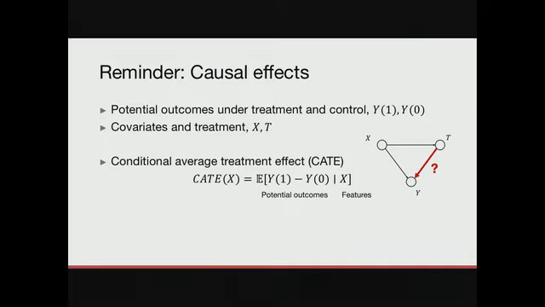And we had a set of covariates, X, and a treatment T. And we were interested in essentially what is the effect of this treatment T on the outcome Y, given the covariates X. And the effect that we focused on that time was the conditional average treatment effect, which is exactly the difference between these potential outcomes conditioned on the features. So the whole last week was about trying to identify this quantity using various methods.